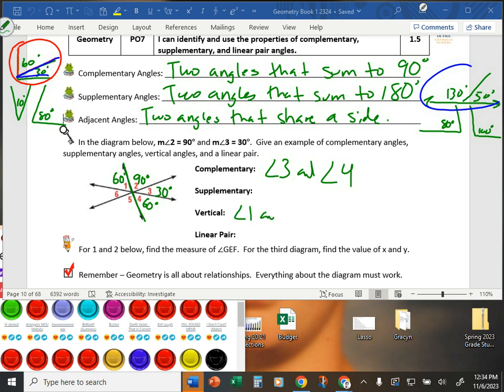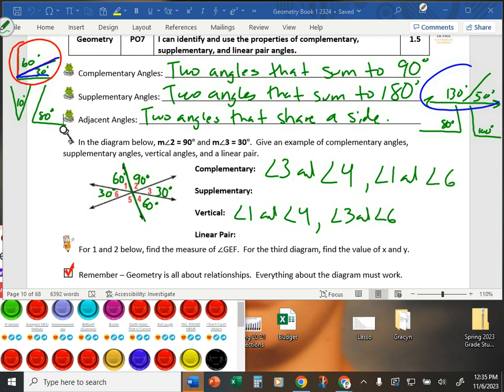So angle 1 and angle 4, we can put that under the vertical section. She's also saying that 3 and 6 are vertical angles, right? 3 and 6 share a vertex. They're opposite each other. They are congruent. And so angle 6 is 30 degrees as well. Okay? Hold on. So 1 and 4, angle 3 and angle 6. We can add another one now to our complementary section. Angles 1 and 6 are complementary as well.